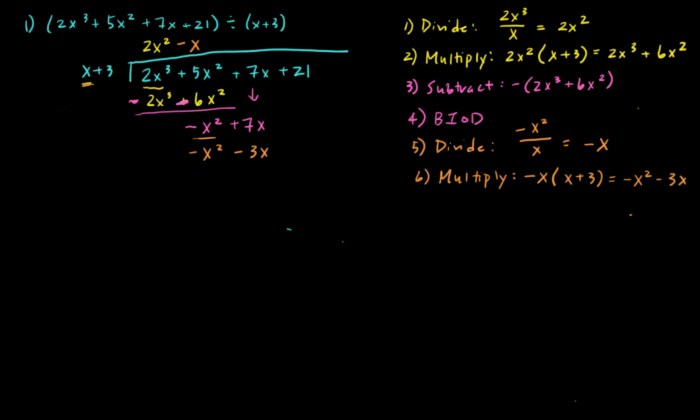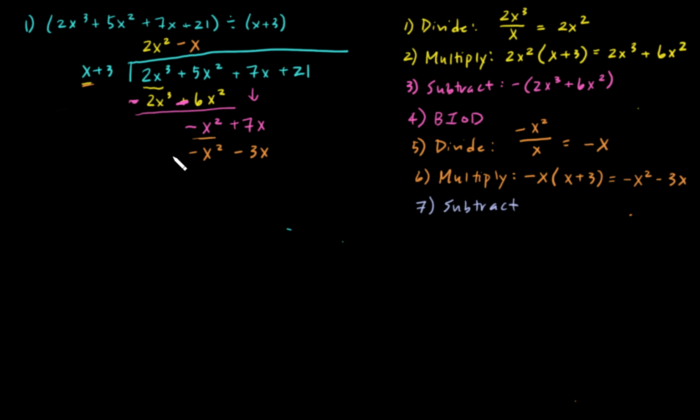Next thing we're going to do is subtract. And what are we going to subtract? We're going to subtract this negative x squared minus 3x from the pink negative x squared plus 7x.